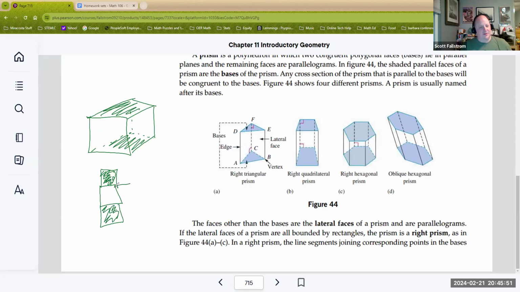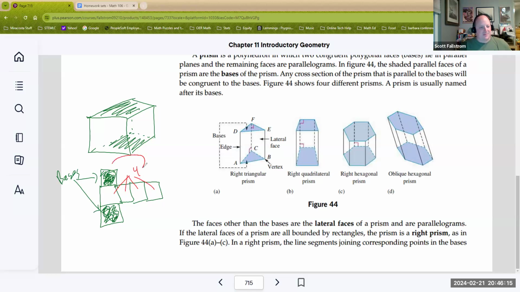Then unfold the rest so you can see what this looks like. Think about taking a cube, making it out of a piece of paper, and then unfolding it. You can see here are the two bases, the top and the bottom, and then the lateral faces work their way around here. In this case, there are four lateral faces.